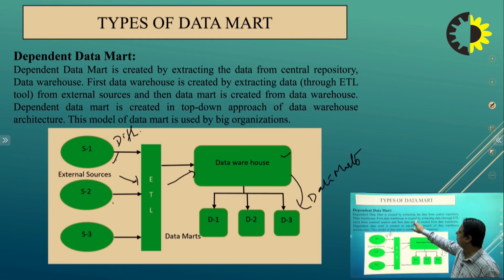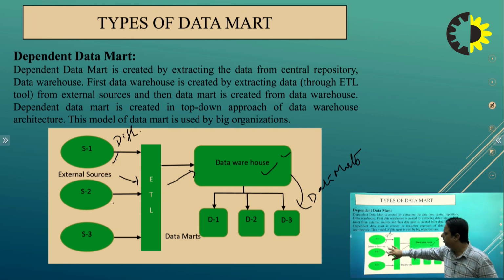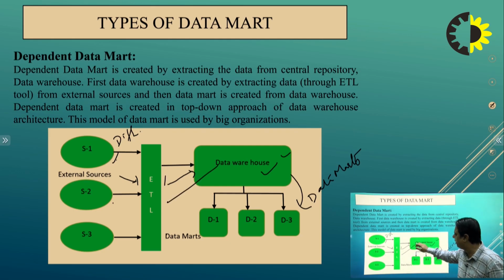First the data warehouse is created by extracting data through the ETL process from external sources, and then the data mart is created. The first process is that external sources extract the data, run the ETL process, then load it into the data warehouse, and after that prepare and compute the data marts.